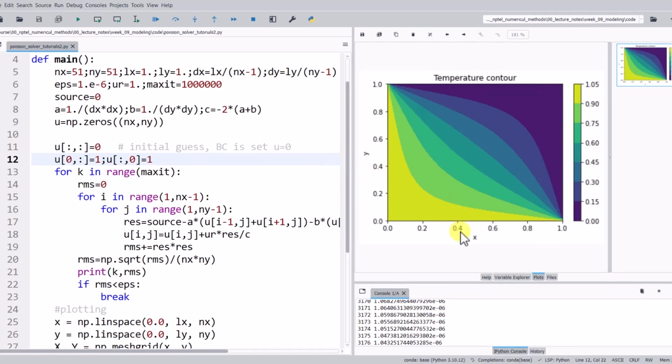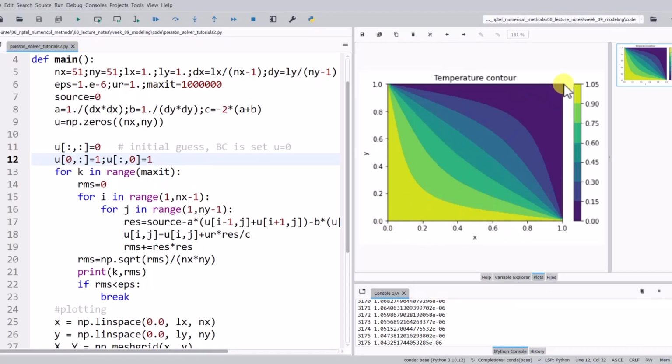So whenever we solve such a problem, after getting such a solution, we first try to match it with the analytical solution, and then we go for more complex problems for which we do not have an analytical solution. Here we do have an analytical solution.